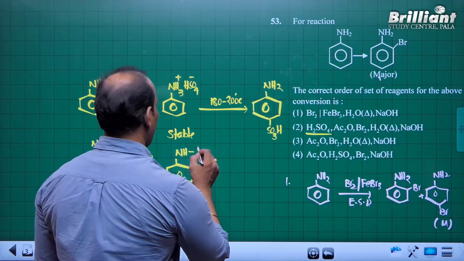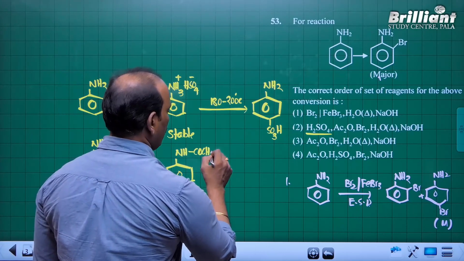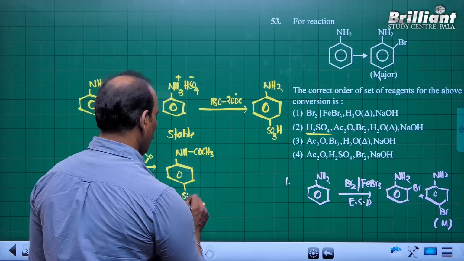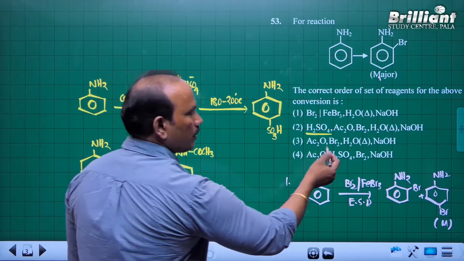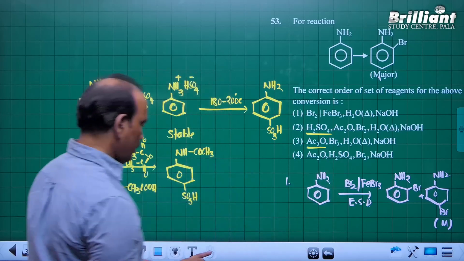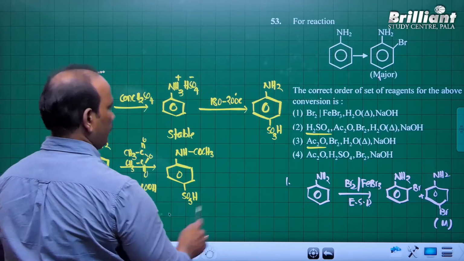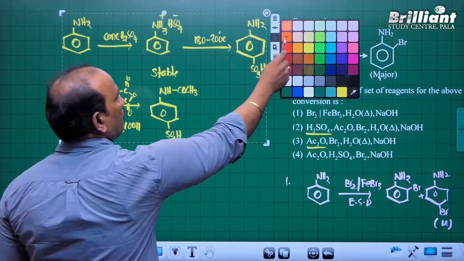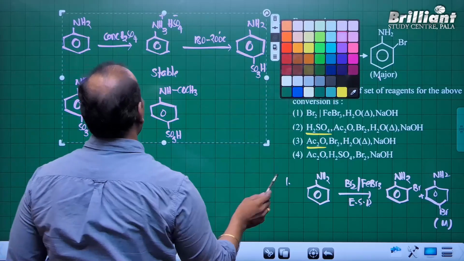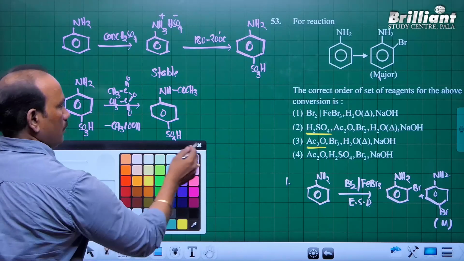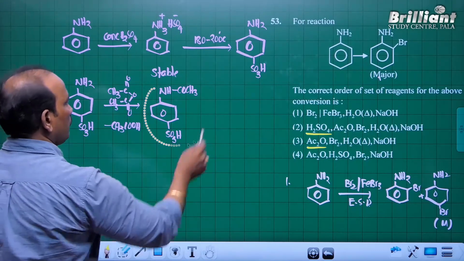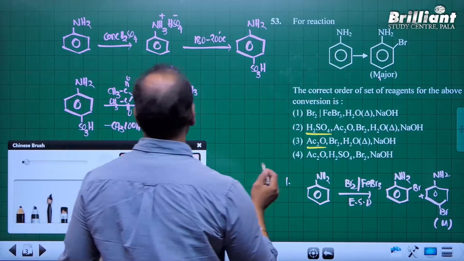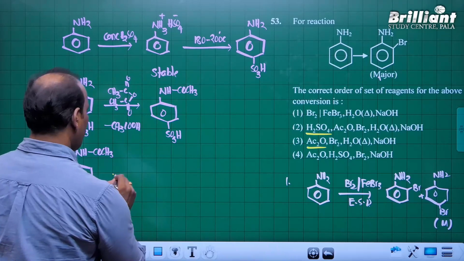Next one is COCH3. Then this is SO3H. This part is completed. Now this is treated with Br2.